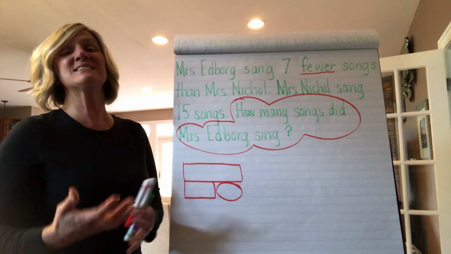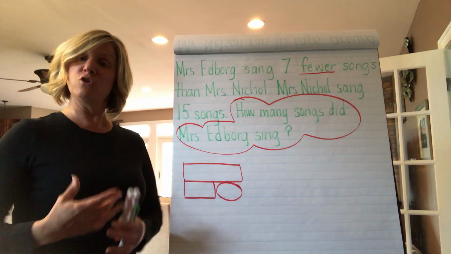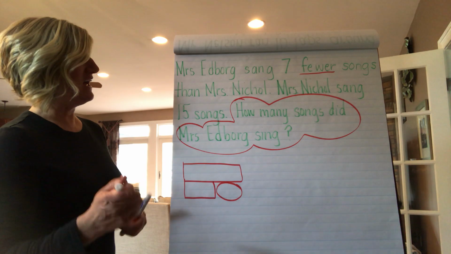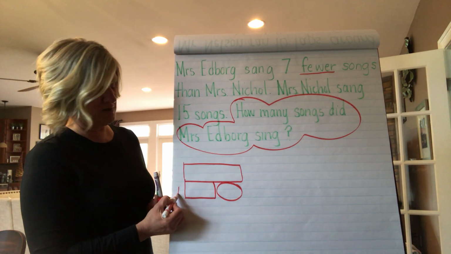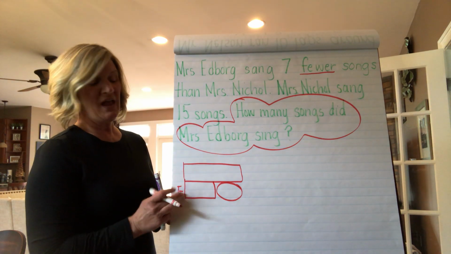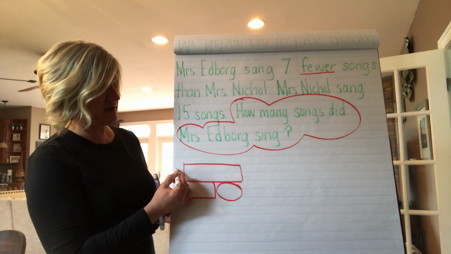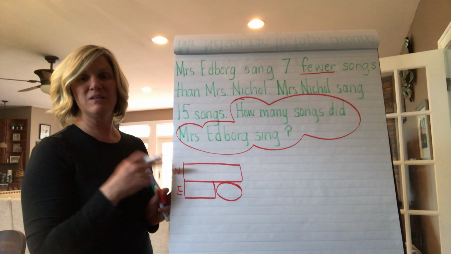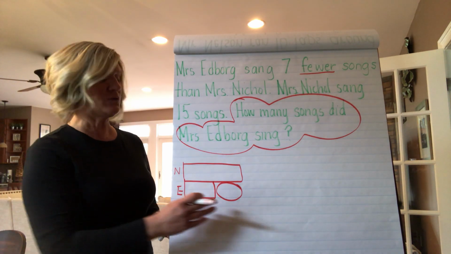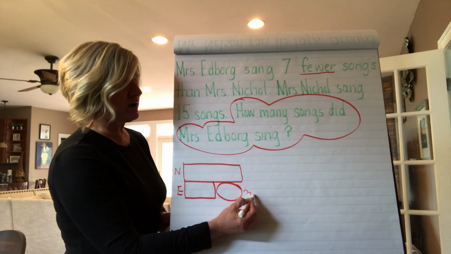If she sang 7 fewer, fewer means less, then we know that Mrs. Edborg, I'm going to do E for Edborg, would be down in the smaller bar. And we know that N, Mrs. Nickel, is going to be on the top bar. We also know that awesome oval, this is where your more or fewer number goes.